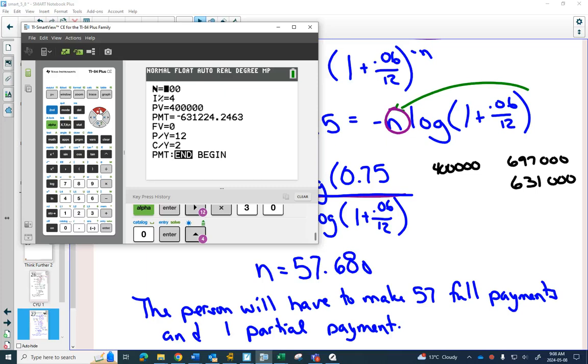So now, instead of paying 12 times a year, we're going to make 26 payments a year. And we're still going to do it over 25 years.